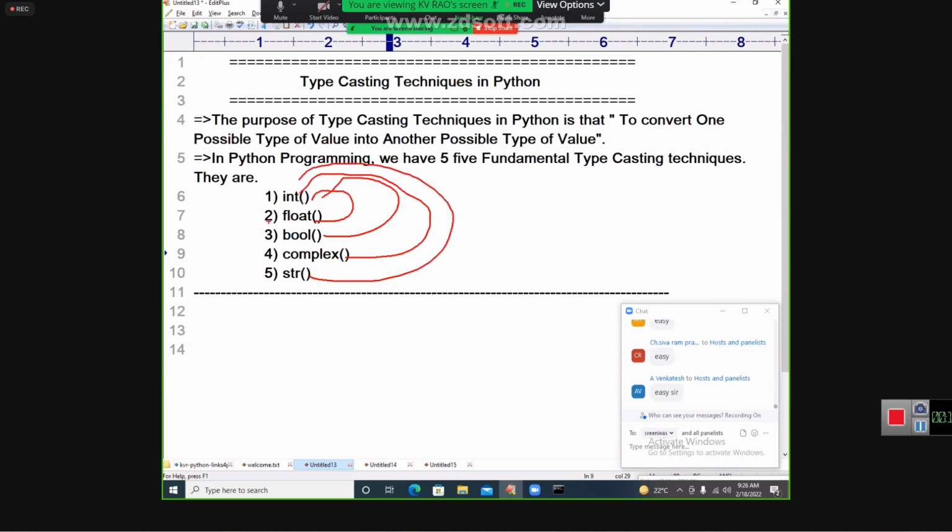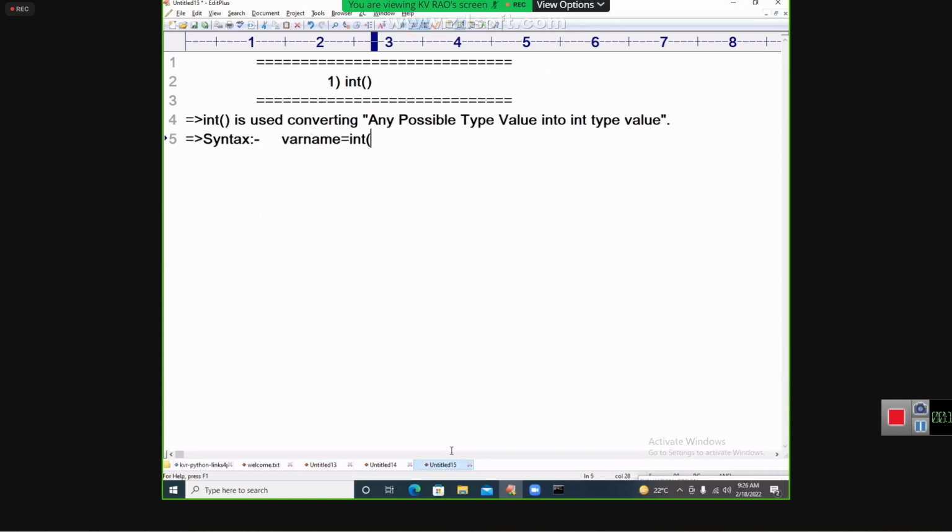That means 2 to 1, 3 to 1, 4 to 1, 5 to 1 I will check. What is the first one? Float. Next, the second one? Bool. The next one? Complex. The next one? str. These many things I have to check.